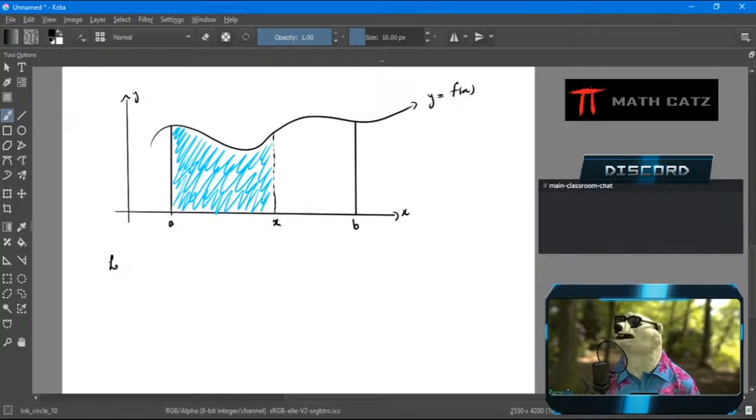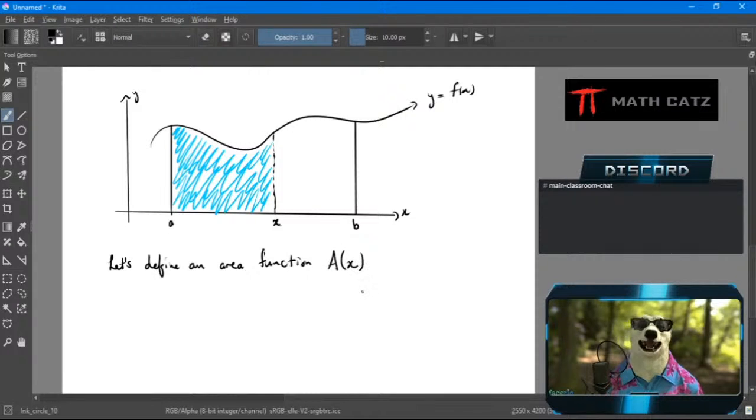So let's define a function. Define an area function. Let's call it A for area. And then I need to have the input X, because I need to know where to stop.